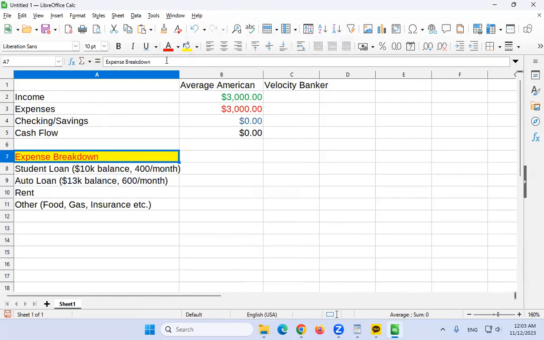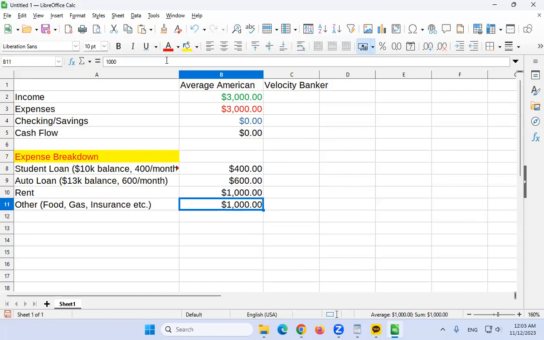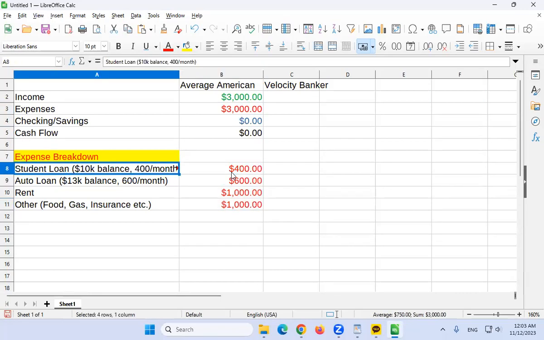When we do our expense breakdown, we have to list every single debt that we have, and in this situation, maybe it's relatively simple. So here we're going to put 400 here, 600 here. Rent, we'll say 1,000, and then 1,000 here. Let's highlight these all red. And what's important is that this equals this.